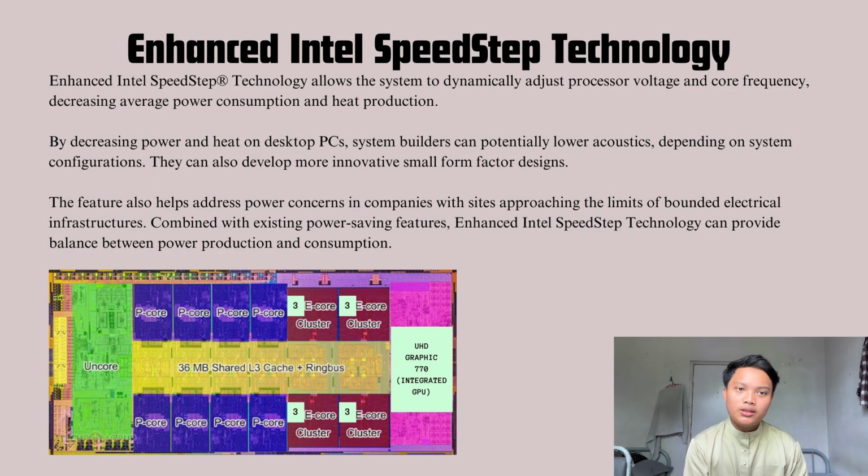This technology allows the system to dynamically adjust processor voltage and core frequency, decreasing average power consumption and heat production. So the system builder can potentially lower acoustics depending on the system configuration. This feature also helps address power concerns in companies with sites approaching the limits of bounded electrical infrastructure.